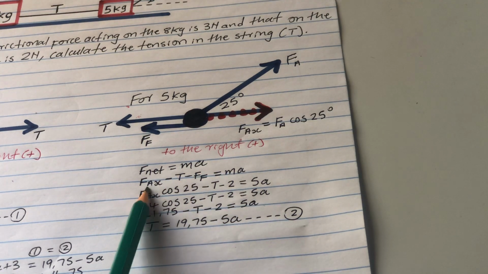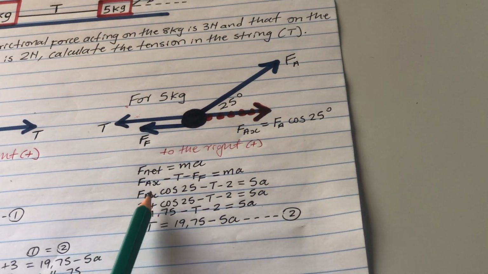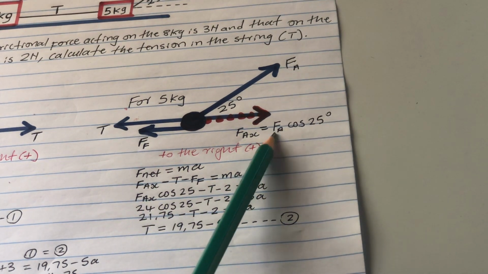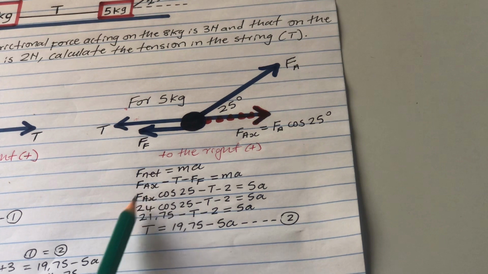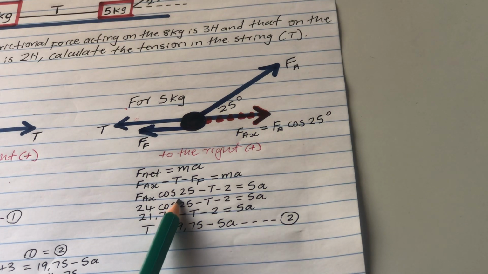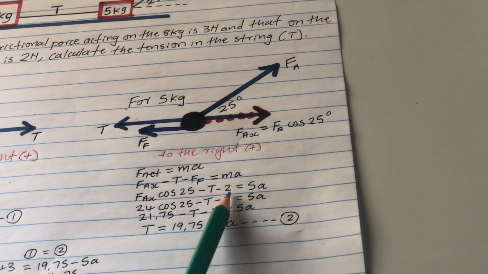Next step, I don't have the value of FAX, but I can substitute it by putting the formula FA cos 25 because I have the value of FA, which is 24. This one is given. So replacing FAX by FA cos 25, minus T, minus FF, which is 2.